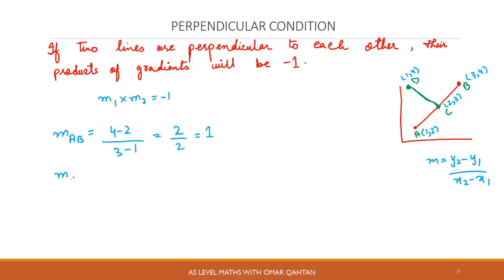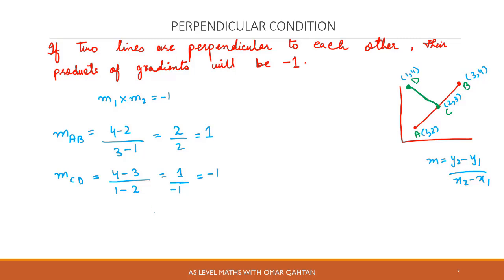Now let's find the gradient for line CD. 4 minus 3 upon 1 minus 2. 4 minus 3 is 1, 1 minus 2 is minus 1, which is minus 1.